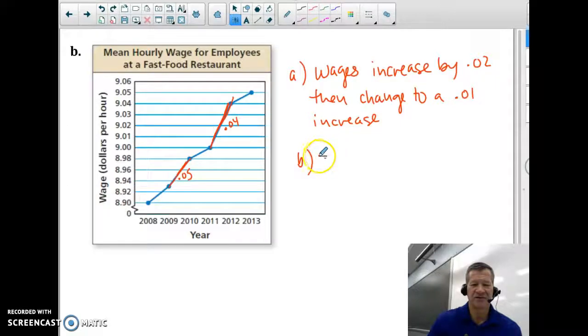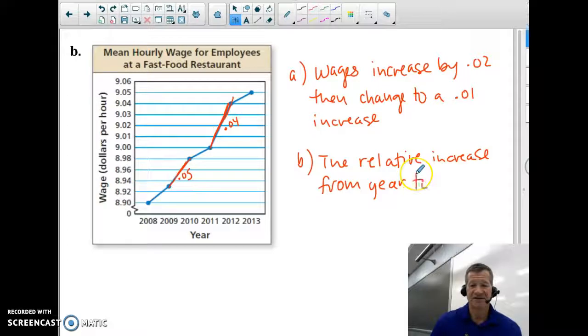Okay, so the relative increases between years looks more on the top, and that's even though it isn't. So because the scale is only 1 cent on top, when you go up 4 cents, it looks like it's going up a lot more than even going 5 cents up on the bottom.